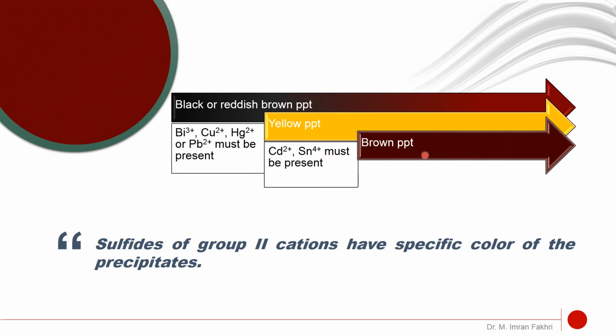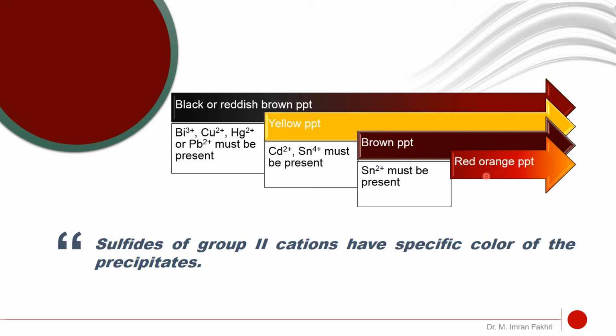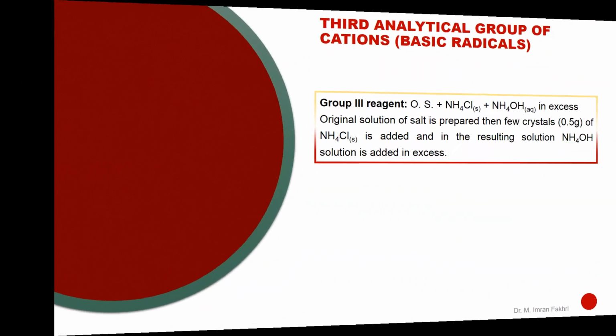If we obtain brown precipitate, the Sn2 positive ion may be present, and SnS, tin sulfide, is the brown precipitate. If red or orange precipitates are formed, then we may have Sb3 positive ion.